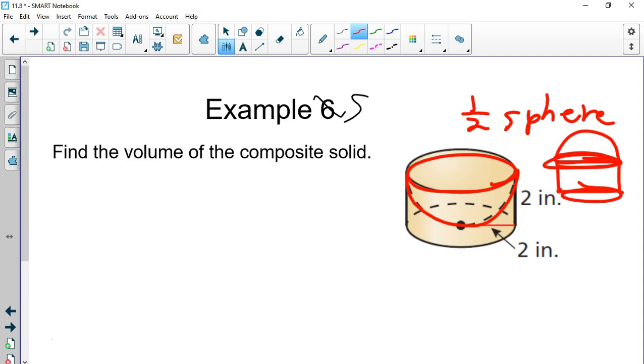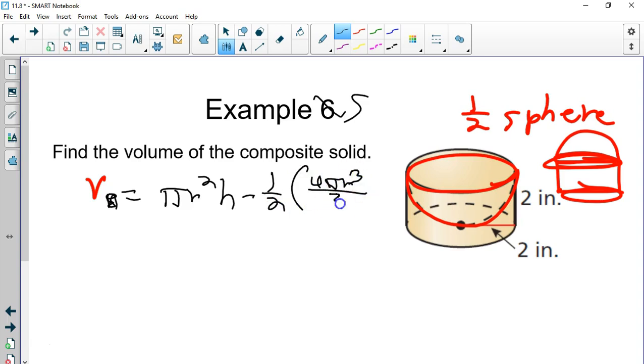So, step by step, first we're going to find the volume of the cylinder. The volume of the cylinder is pi r squared h. And then we're going to subtract half the volume of a sphere, which is 4 pi r cubed divided by 3.